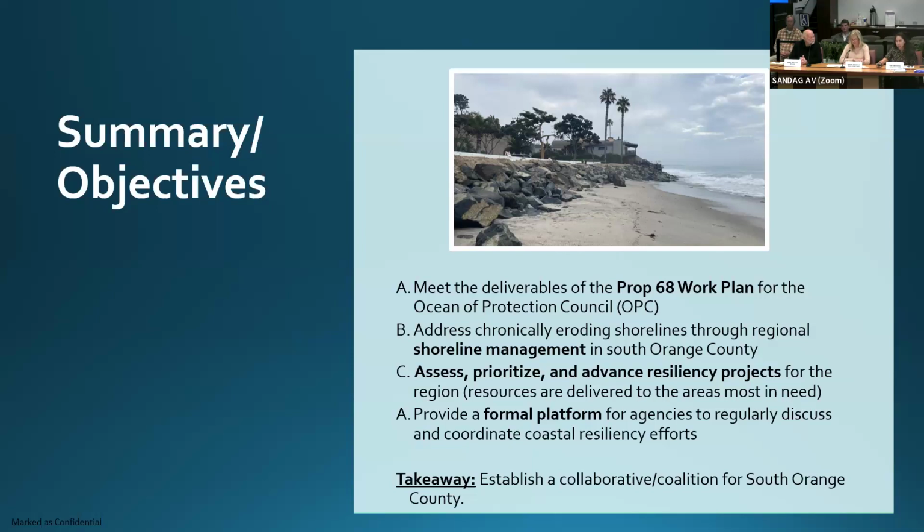So this plan is specific to the areas, the geography, looking at Dana Point and south to the county line. From that process, for example, we manage Capistrano Beach under OC Parks, and that particular beach you see in the photo here has suffered a lot of erosion. There used to be a basketball court here, a beach boardwalk and restroom that had to be demolished in 2018 following winter storms.